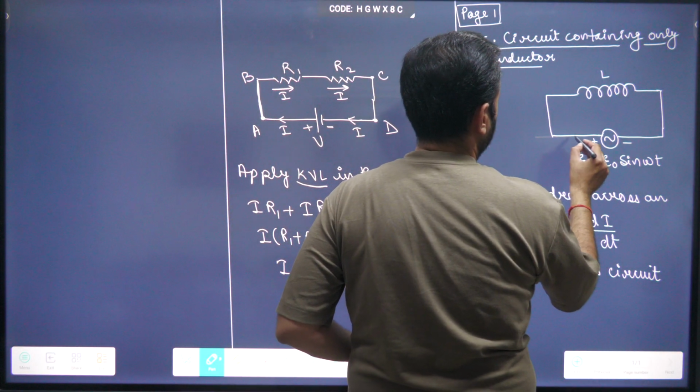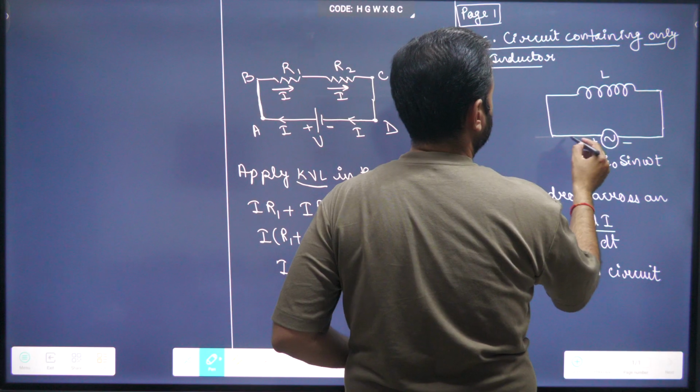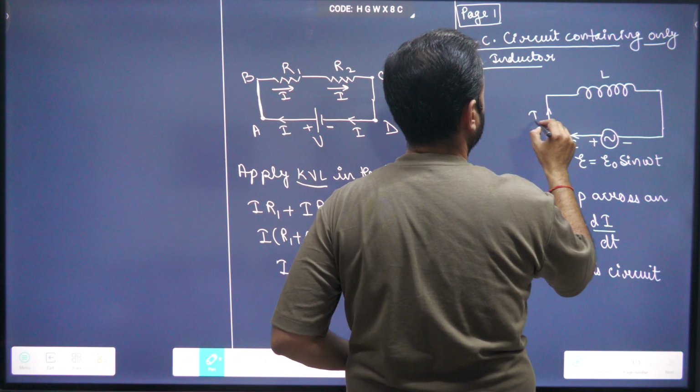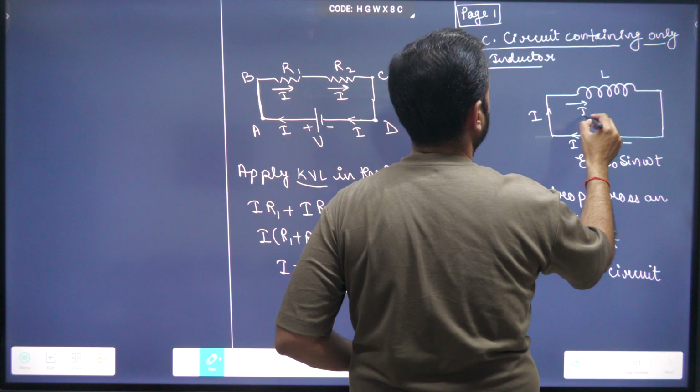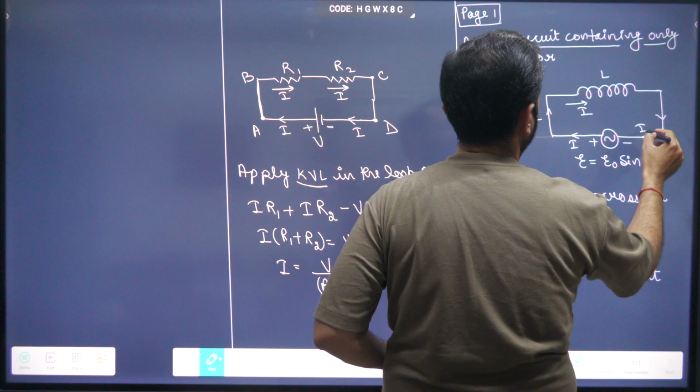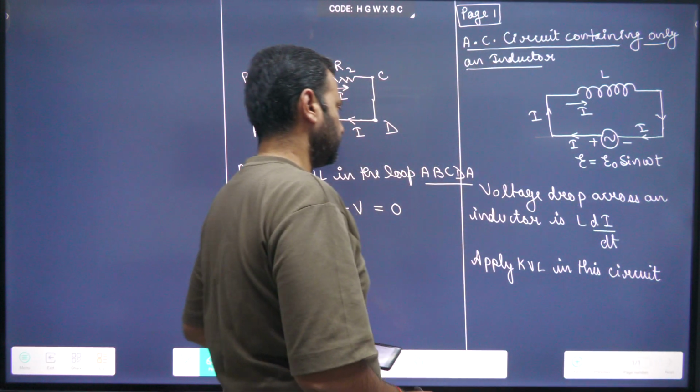So current always leaves from the positive terminal and goes towards the negative terminal, completing the circuit. So current I will go here, and then current will come into the negative terminal.